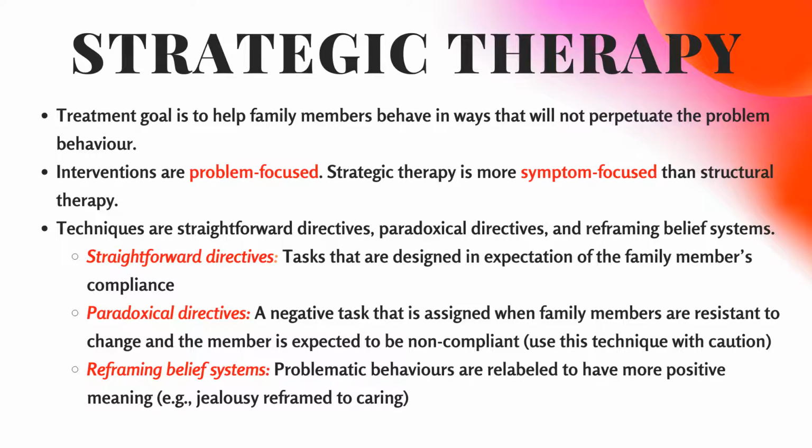Meanwhile, a paradoxical directive is a negative task that is assigned when family members are resistant to change and the member is expected to be non-compliant. Let's take a look at reframing belief system. Reframing belief system is when problematic behaviors are relabeled to be more positive, meaning jealousy is reframed into caring.